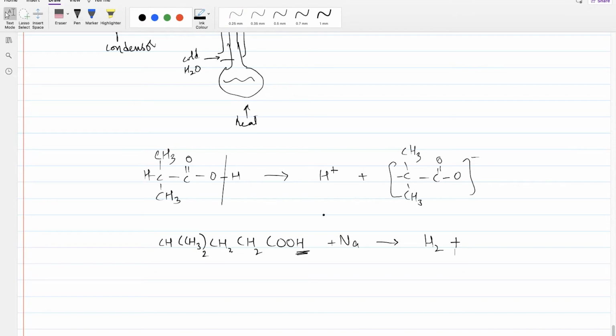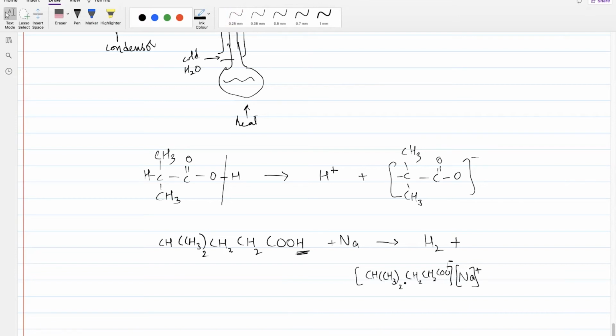So it's going to go as hydrogen gas and sodium will come in place of it, but it will be an ionic bond. So sodium will come as sodium positive and that whole other thing, whatever it is, you'll just write it जैसे भी वो है, you'll just write it as it is and put a negative charge there. Do not join sodium with a covalent bond क्योंकि sodium covalent bond यहाँ पे नहीं बना रहा है.